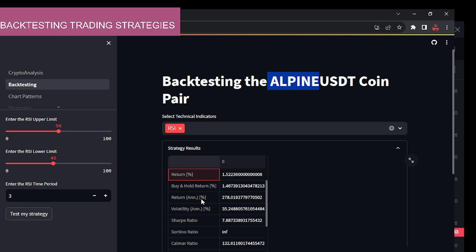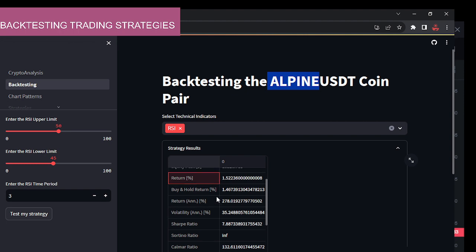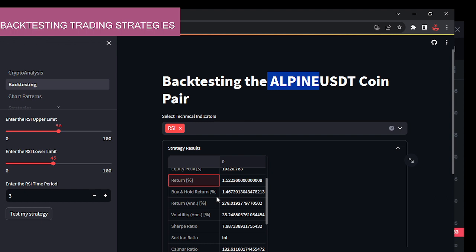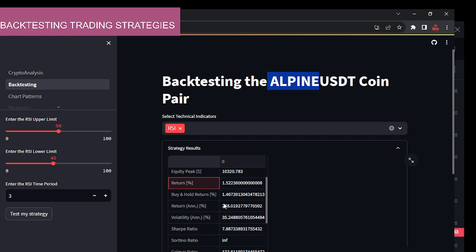What the annual percentage return means for this trading strategy is, if I'm computing for a whole year, the percentage that my coin will have appreciated by is higher than the initial capital, because it's higher than 100%.